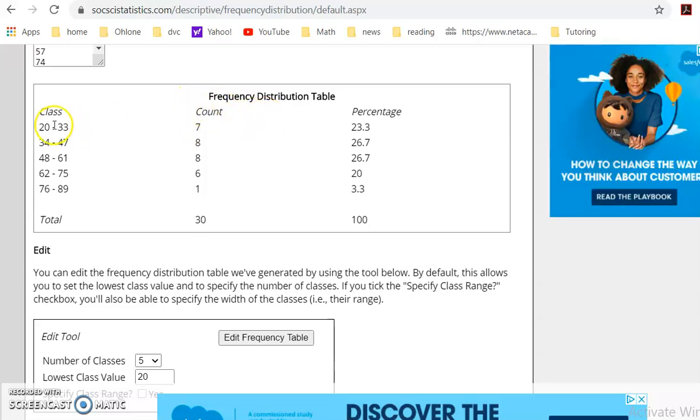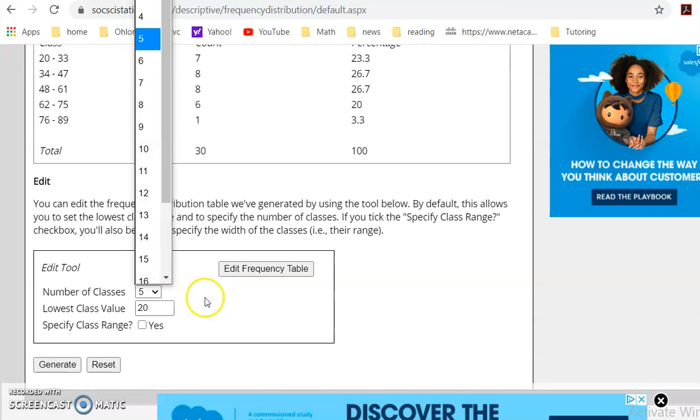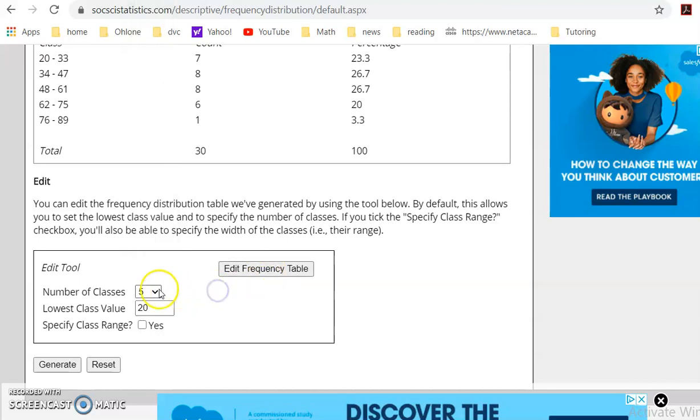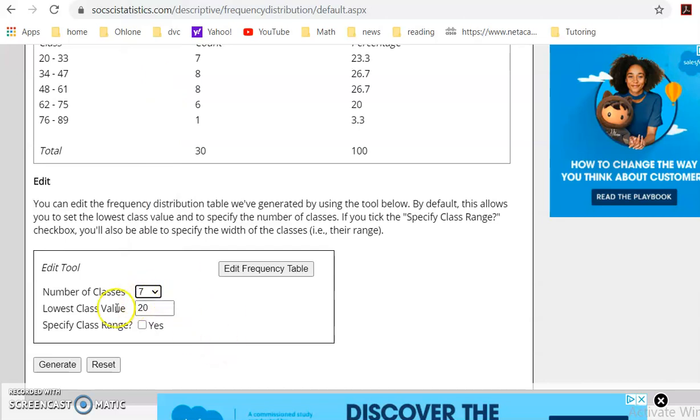Count means frequency, and they randomly pick some ranges for you. In this case, they pick 20 to 33, 34 to 47, but there are only 5 classes. If you want more classes, you go down to edit frequency table. You would say, I want 7. You can also adjust your lowest class limit.